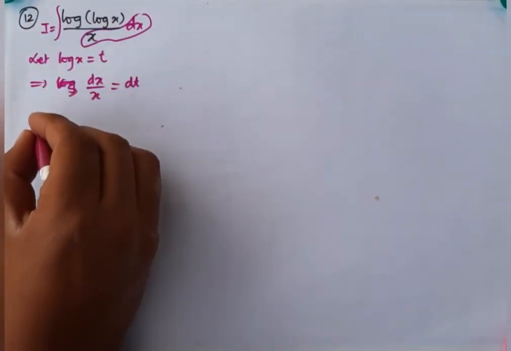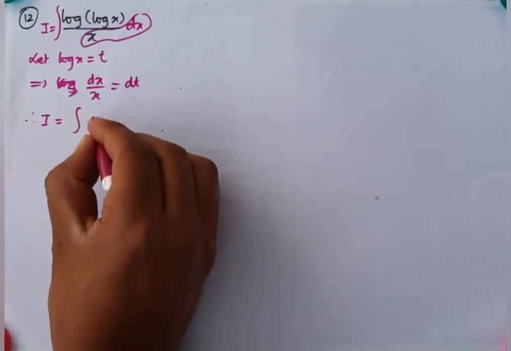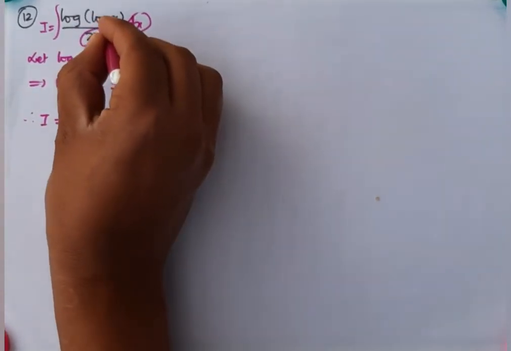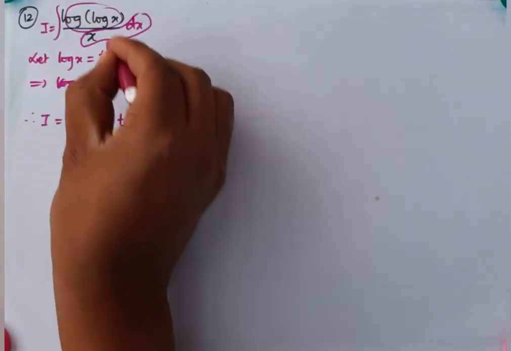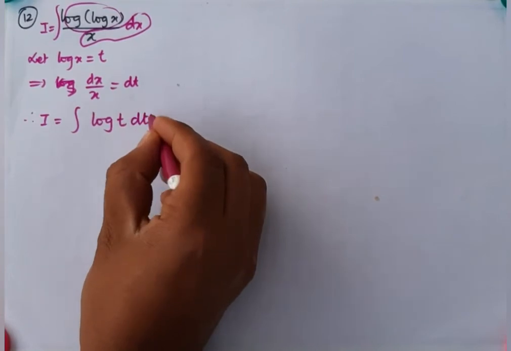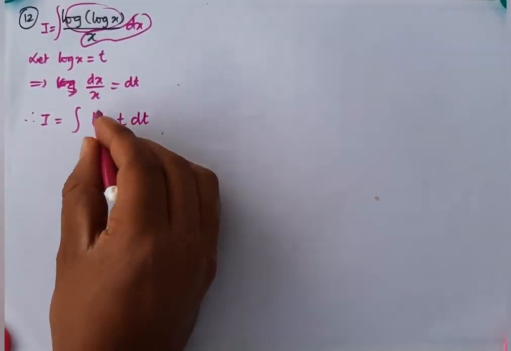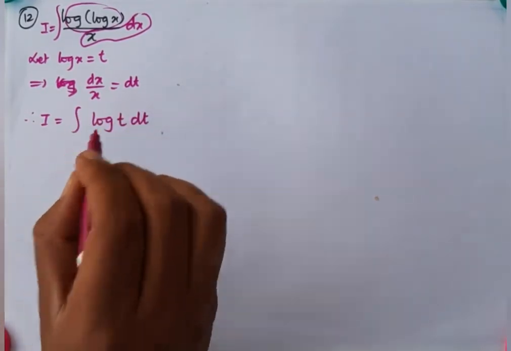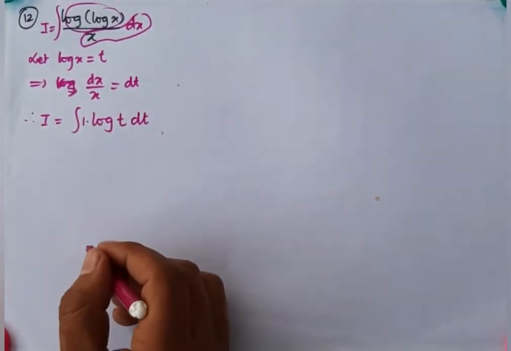So we get, therefore, I becomes integral log, now log x is t. So this entire thing is actually log t, and dx by x is dt. Now this is a single function and you don't know how to integrate a logarithmic function. So for that you will put 1 here.